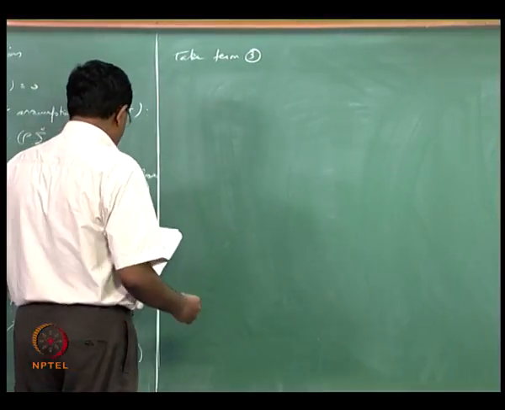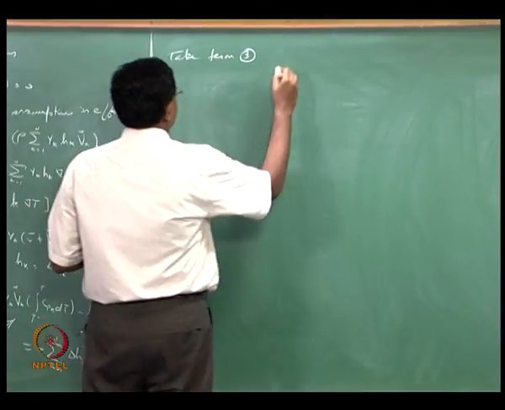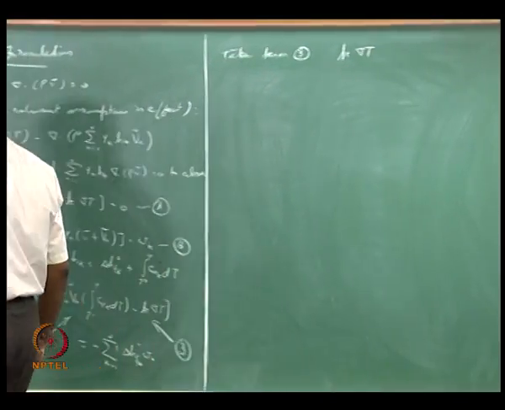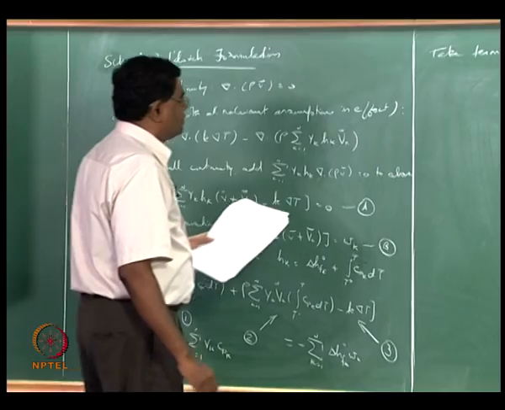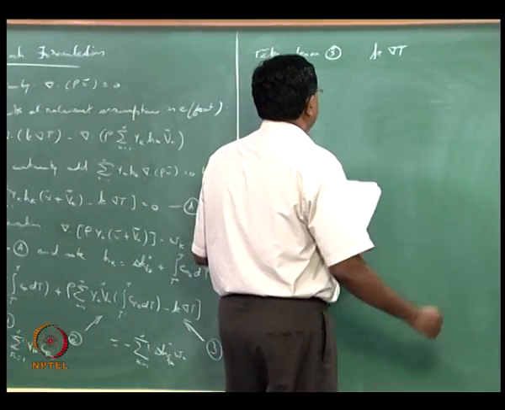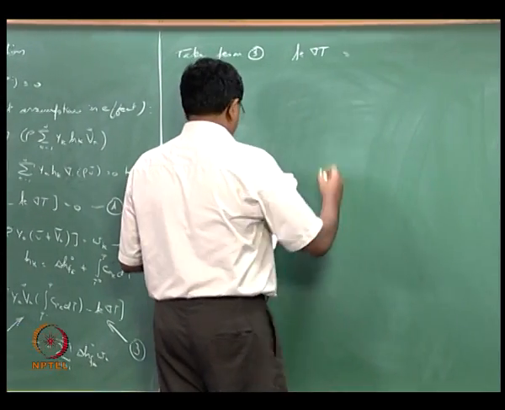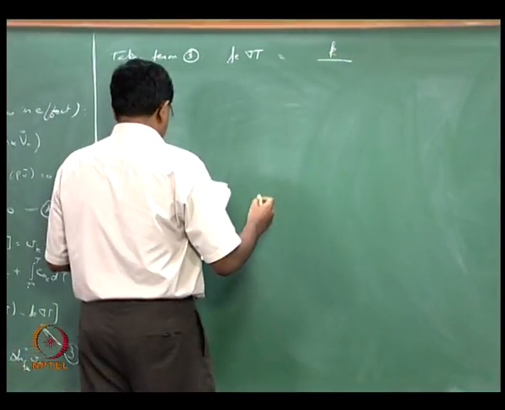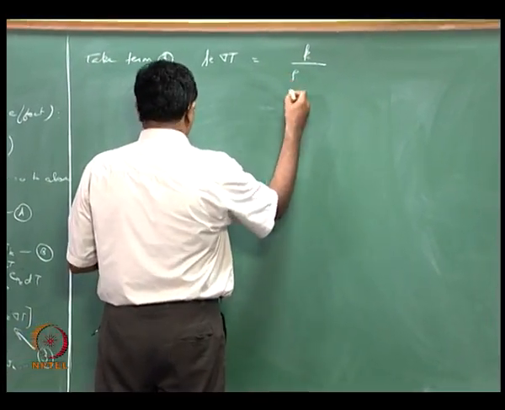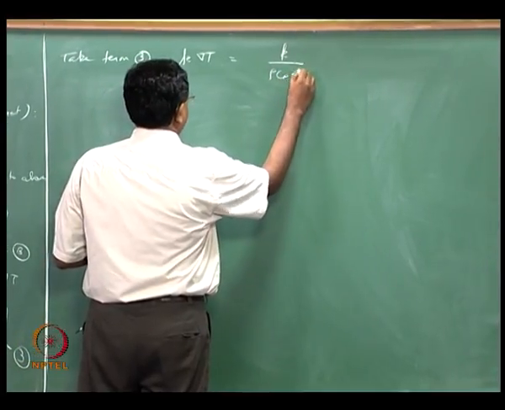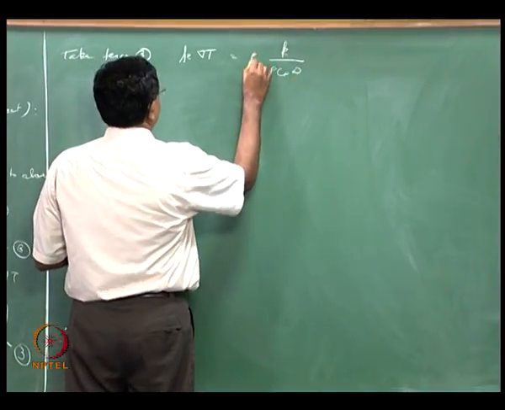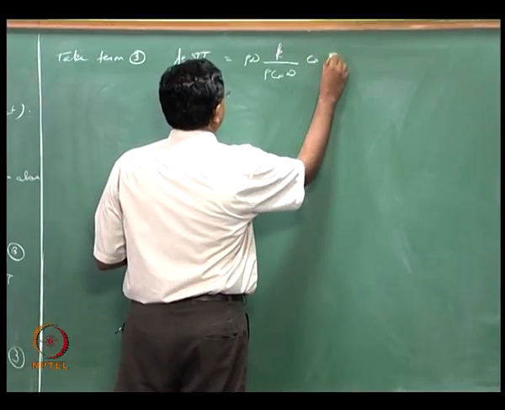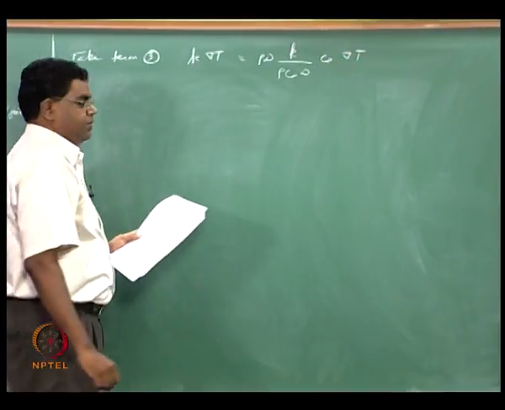That's like K grad T, the simplest looking term in all of this. Here what I'm going to do is write K and then multiply and divide by rho Cp d, with a rho d put over there and a Cp put over here, and then write the grad T.